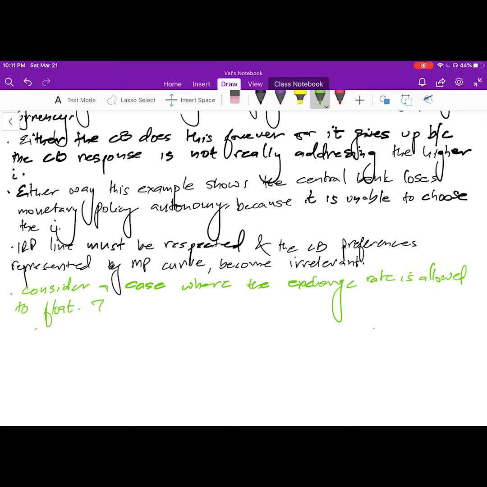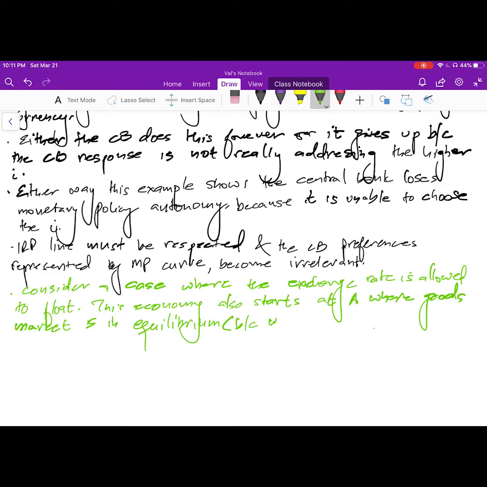and this economy also starts at A, where goods market is in equilibrium because we are on the IS curve. Well, actually, it's really point A. A is on the IS curve.